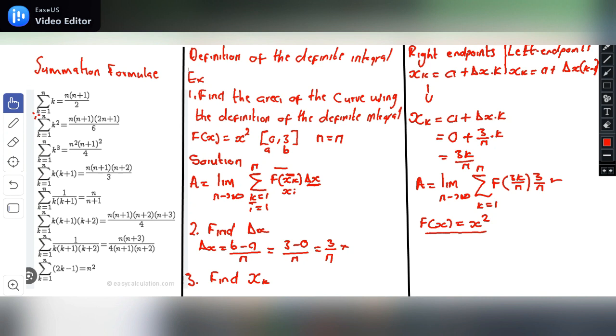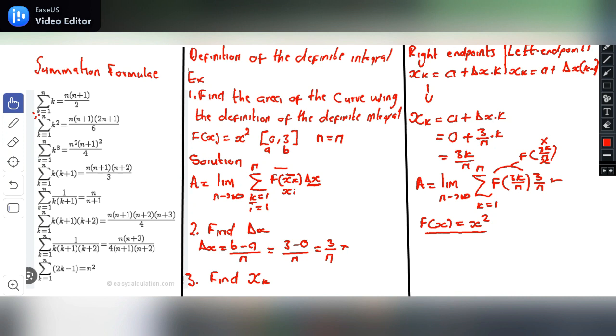Remember that now we have f of 3k over n. And we know most of the time these values represent x, right? So where we see x, we are going to replace it with 3k all over n.